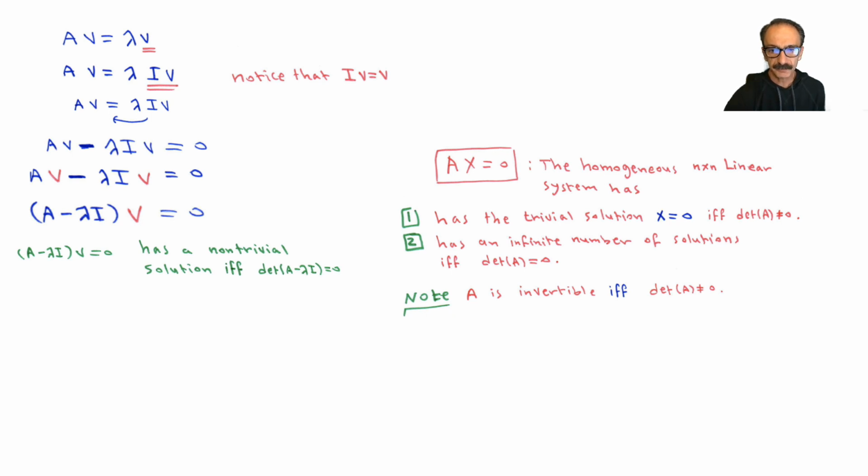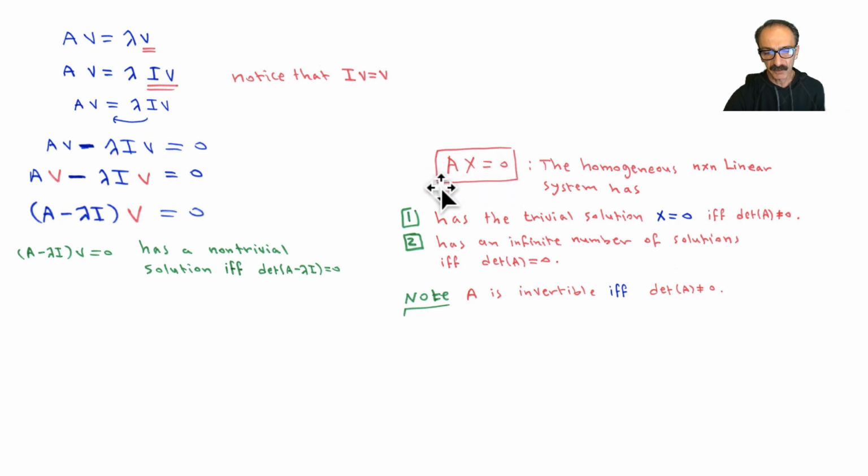Now, we know that the determinant of A not equal to 0 means it is invertible, so A inverse exists. The first one is so simple, because if you have Ax equals 0 and the determinant does not equal 0, which means A inverse exists, multiplying the left by A inverse, A inverse times 0 is 0.